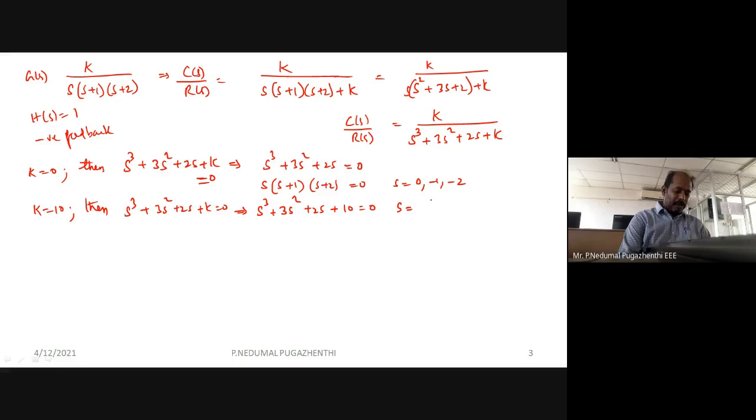I am getting s is equal to minus 3.308, and I have a complex root 0.1545 plus or minus 1.7315 j.